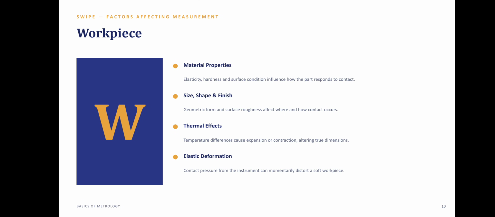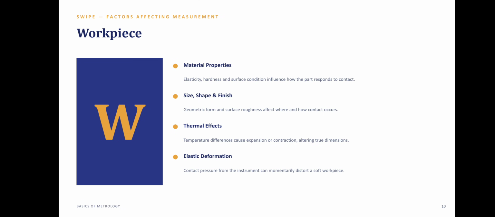W means workpiece: material properties, size, shape and finish, thermal effects, elastic deformation. These are the important properties included in the workpiece sector. Material properties include elasticity, hardness and surface condition, which influence how the part responds to contact. The material properties include mechanical, thermal, morphological properties, etc. Size, shape and finish include geometric form and surface roughness, which affect where and how contact occurs.